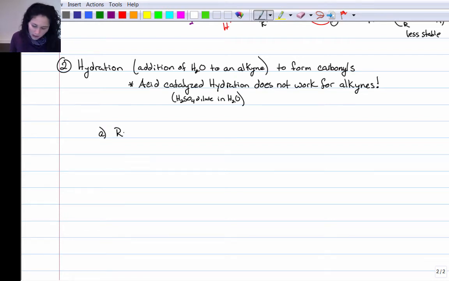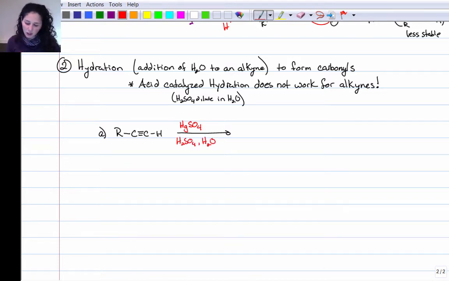Let's look at one way to hydrate alkynes. The first set of reagents I'm going to talk about is adding mercuric sulfate in the presence of H2SO4 and water. This essentially has the same effect as just adding sulfuric acid and water to an alkene, but here you're doing it to an alkyne, so you need this mercuric sulfate.